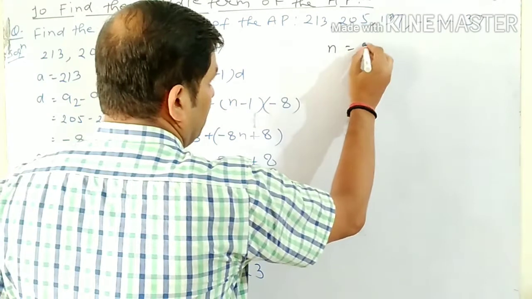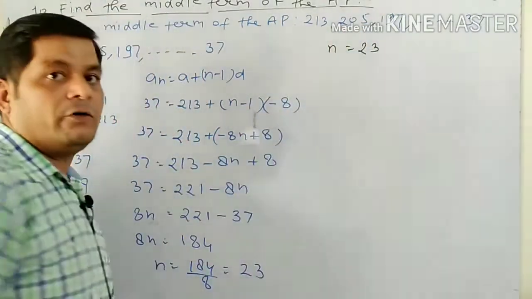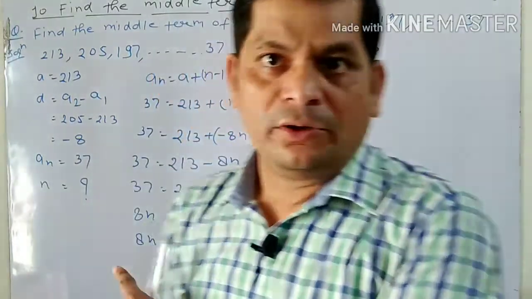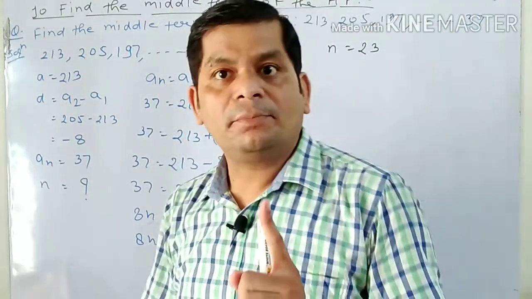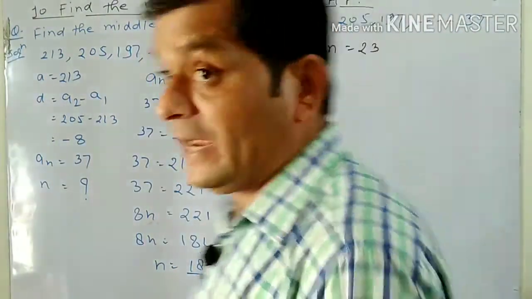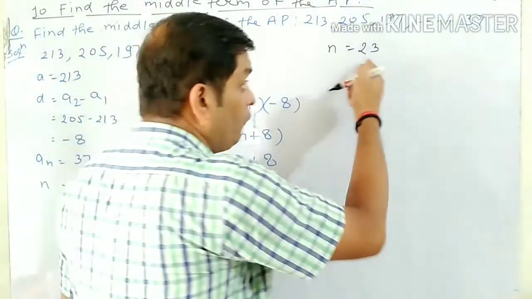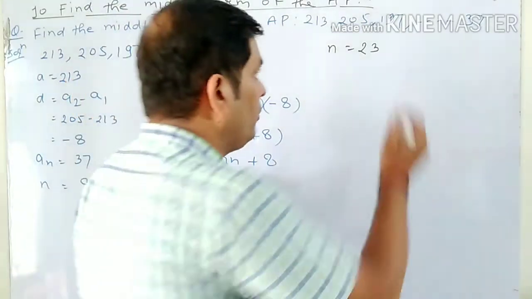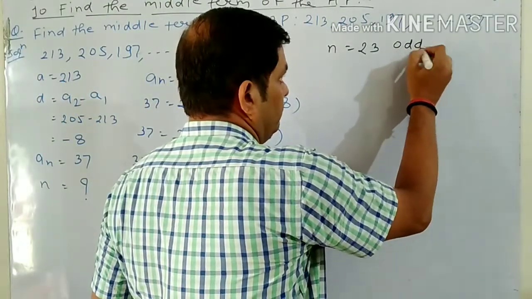That means our first motto has been completed. Earlier I told you that first we will find the number of terms, so here I got n equal to 23. Now we will see whether this is odd or even. You can see it is odd.